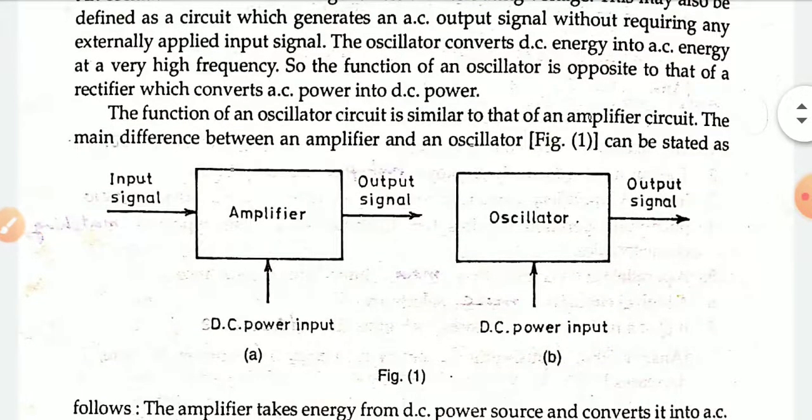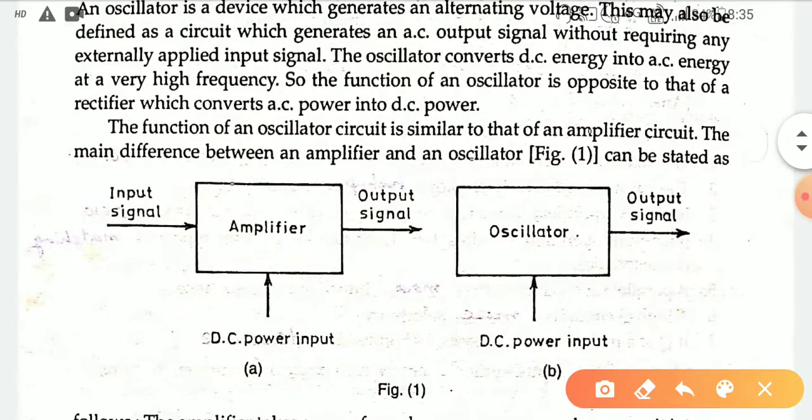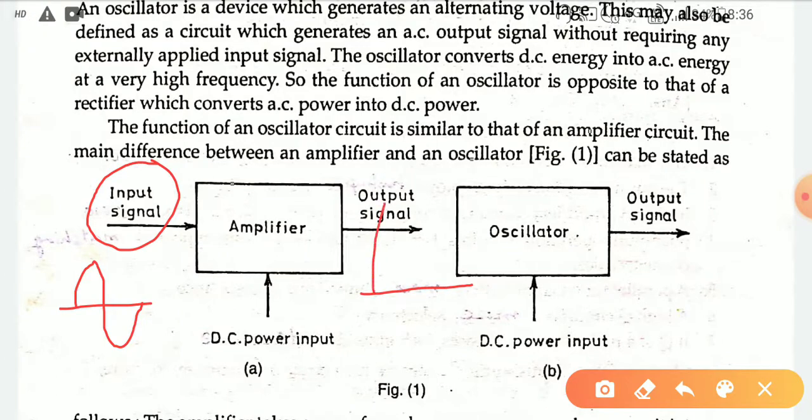The function of an oscillator circuit is similar to that of an amplifier circuit, but obviously some differences are present. What are they? First one is that for the amplifier, an input has to be provided, and that particular input, as I say, is coming as the input for the amplifier, and the amplified output will come as such.